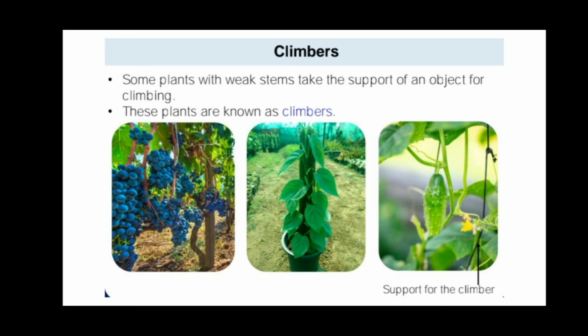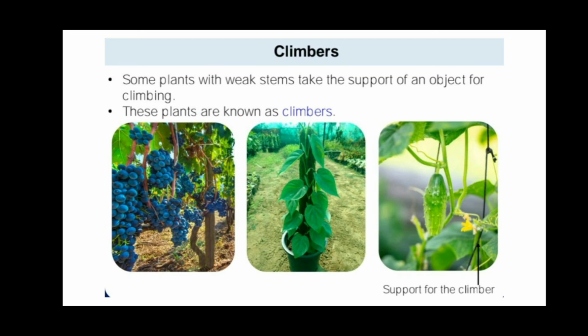Some plants with weak stems take the support of an object for climbing. In case of the weak stem, they want to stand erect, stand straight, but they cannot because they have a very weak stem, they do not have too much energy. So, they take one support and they can easily grow.